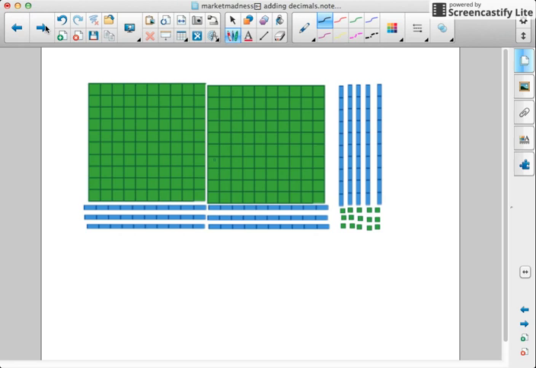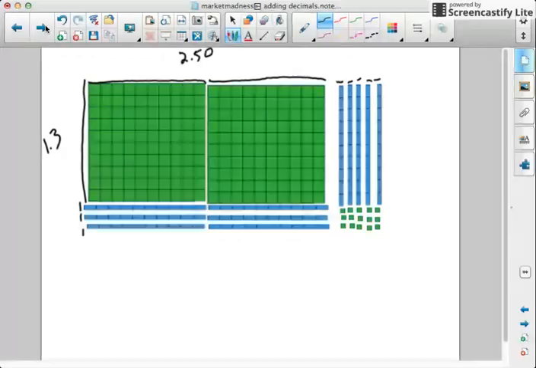This is my 2.5 on the top, or you could have put it on the side. This side is 1.3.